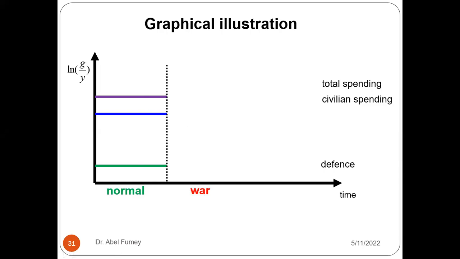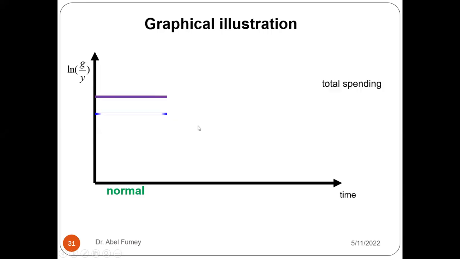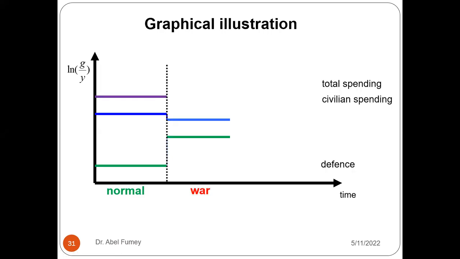Now, during times of war, we will have to increase our expenditure on defense. Because of the war, we have to increase our expenditure on defense. Look at where it was. Now, this is the expenditure that we are incurring on defense, and this is civilian spending.